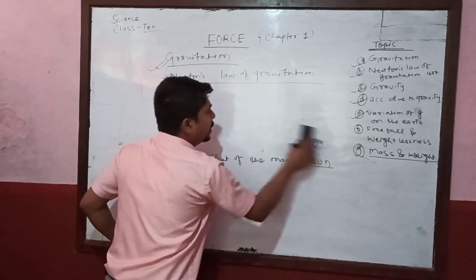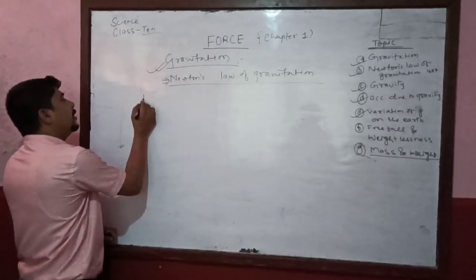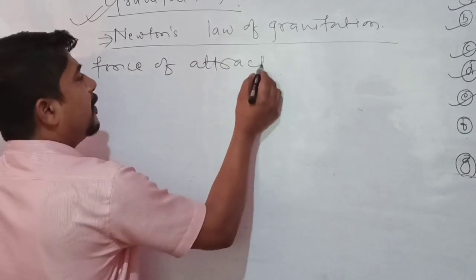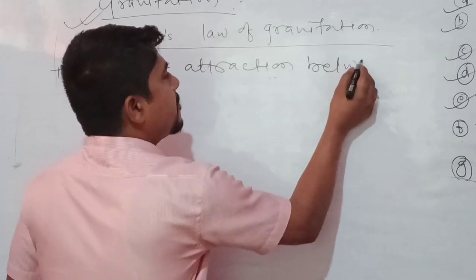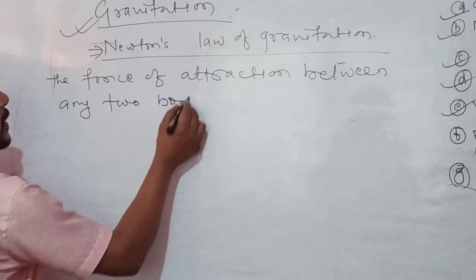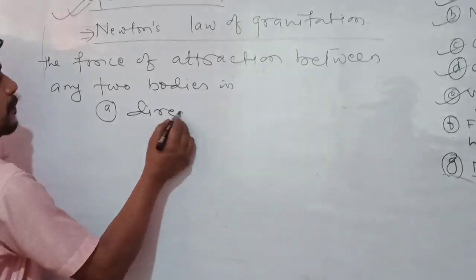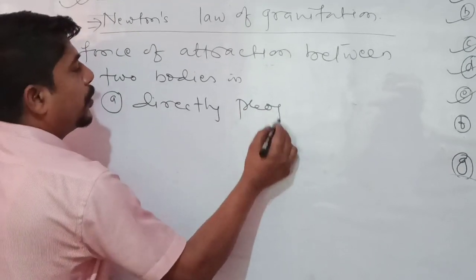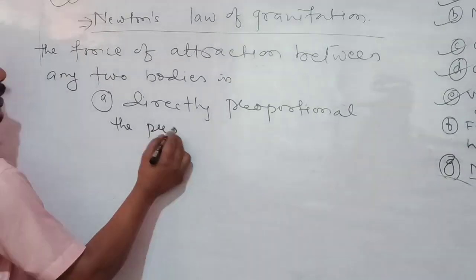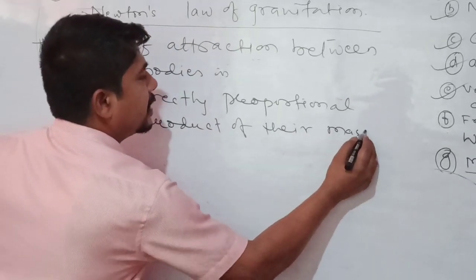Now we will be going to Newton's law. This Newton's law of gravitation details that the force of attraction between any two bodies is, one, directly proportional to the product of their masses.